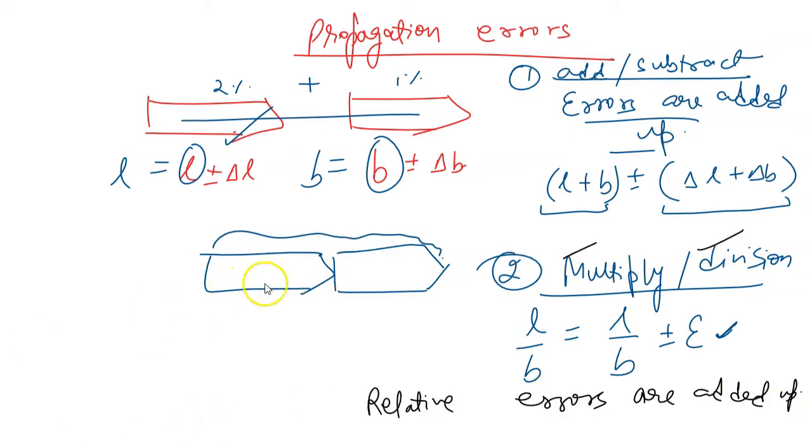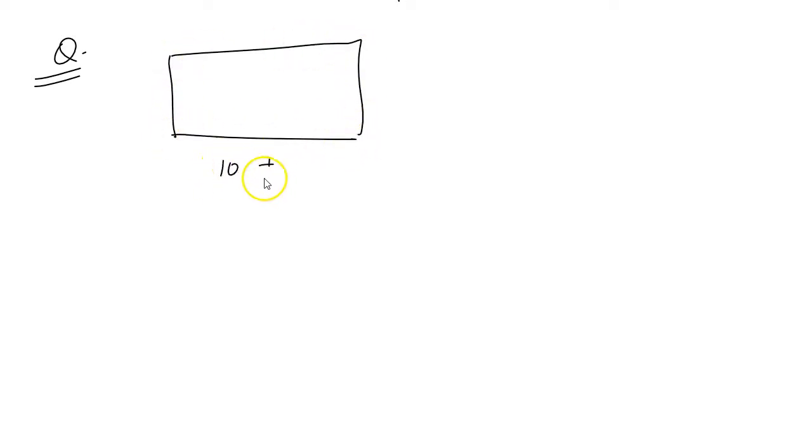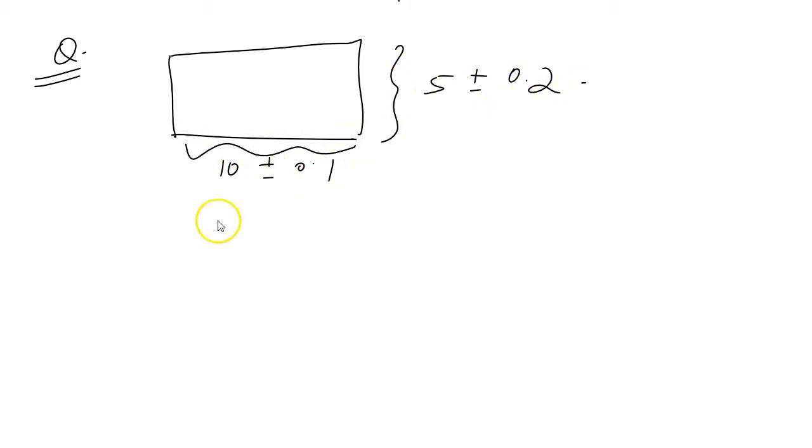Let us look at one more example to clear this up, a basic example. Let us say I measured the length of a rectangle as 10 plus minus 0.1 and the breadth as 5 plus minus 0.2. Let us find the perimeter and the area.